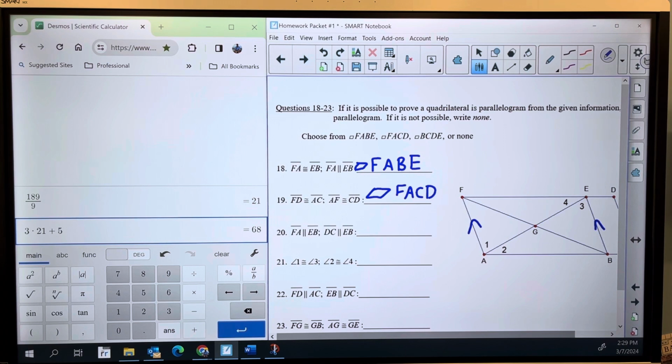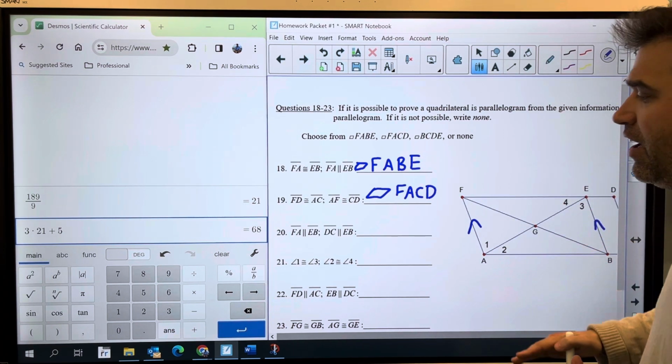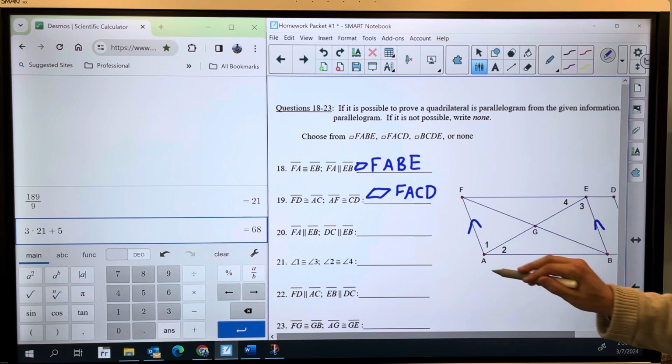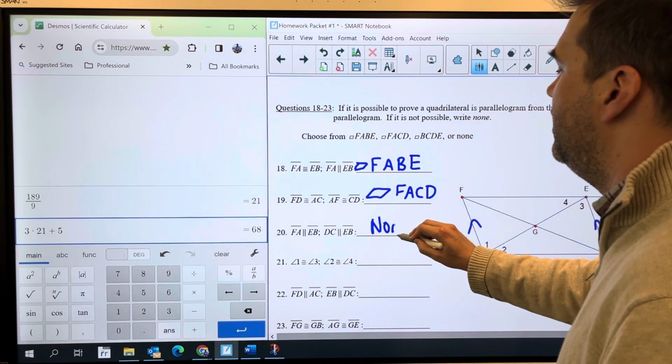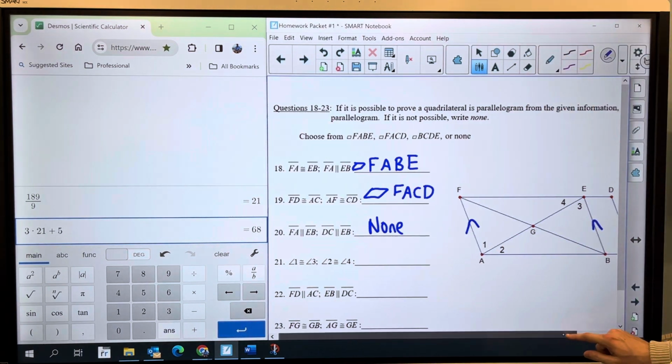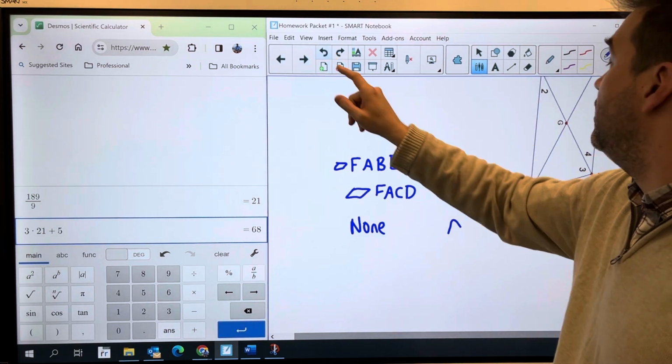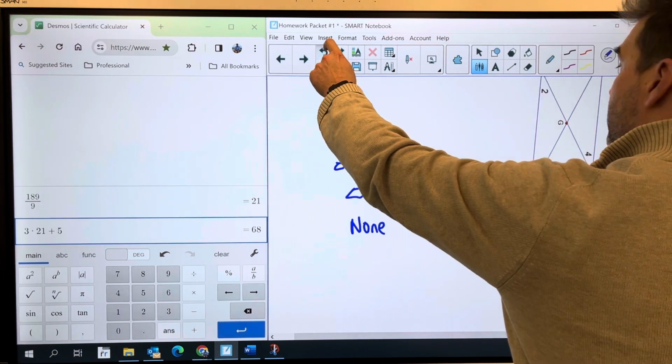They're all parallel to each other. That's great, but that doesn't get me a parallelogram because I need something about those other sides, or I need some sides to be congruent with each other. So unfortunately, this answer is none. Go ahead and clear off those marks.